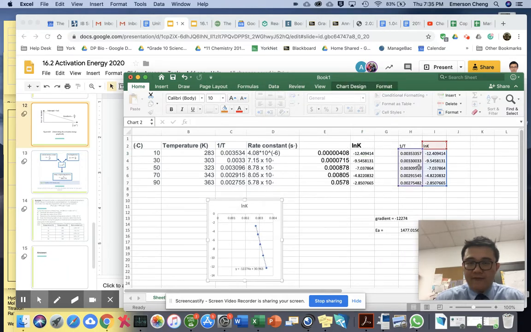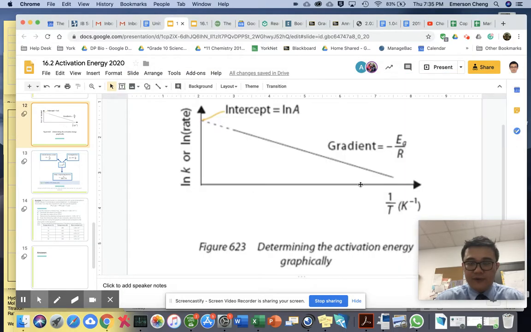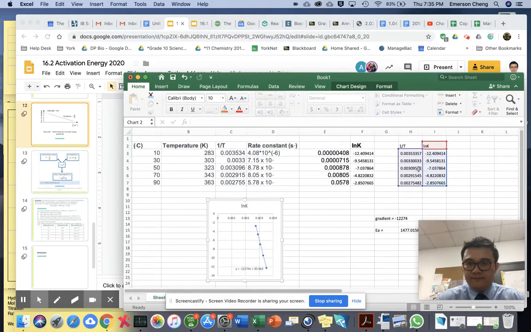Now, to graph it, you need the x-axis, y-axis: 1 over T, ln k. So in this case, I copied the values straight over, same thing as this, and I plotted the graph.